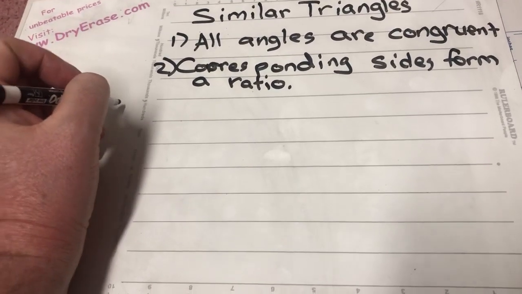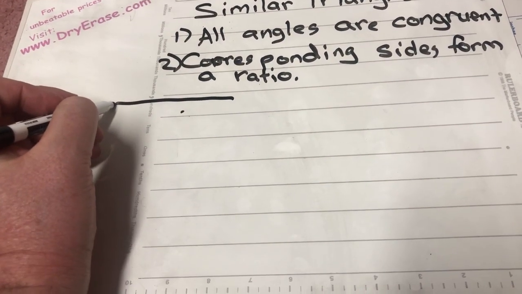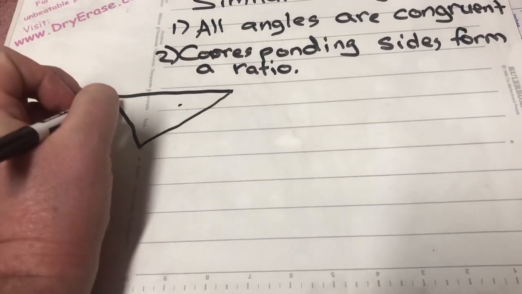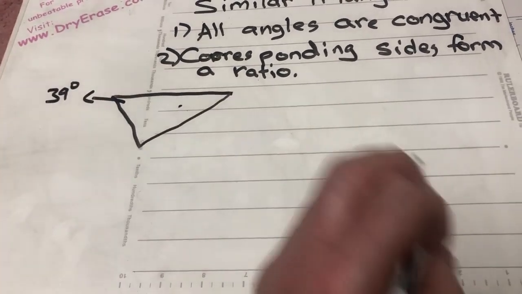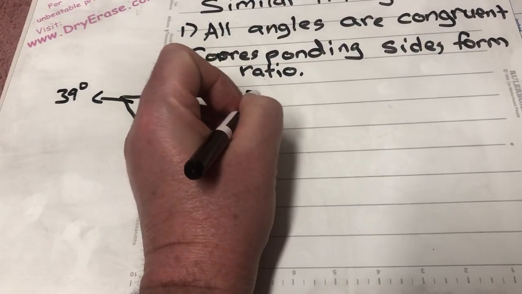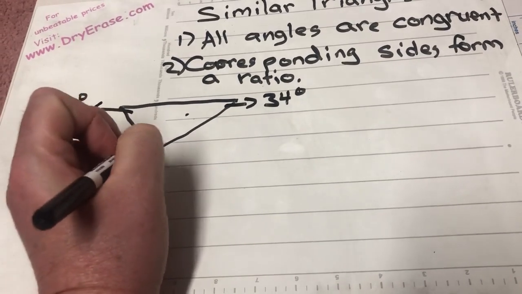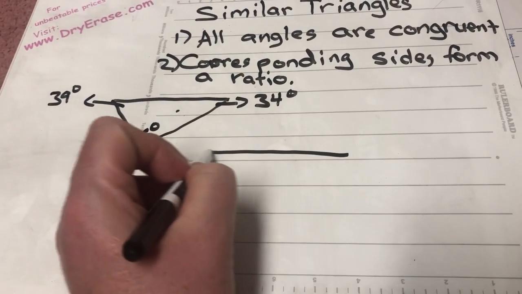So let's say I have two triangles here. All right. So we have this triangle here. This angle right here is 39 degrees. This angle right here, 34 degrees. And we're going to call this x degrees. Then we have another triangle.